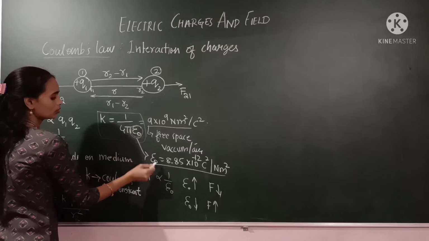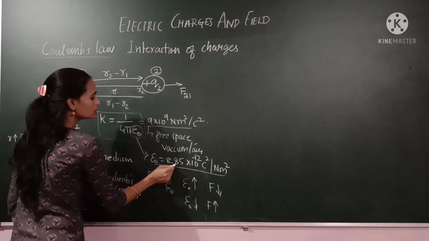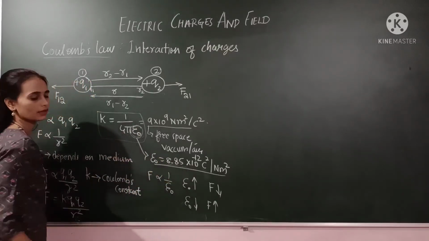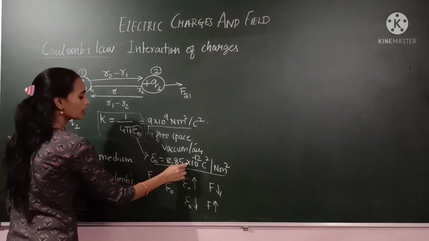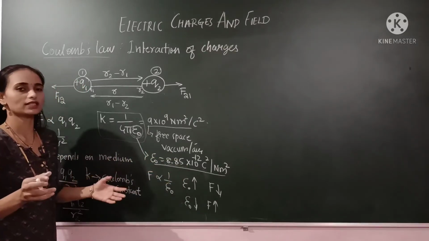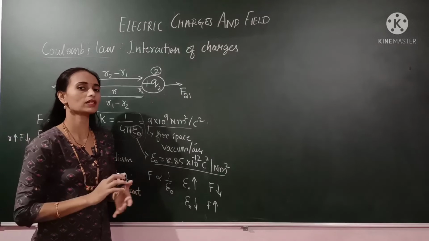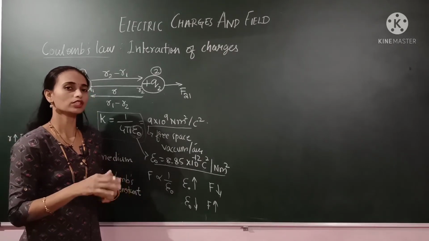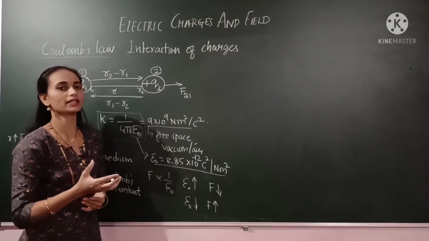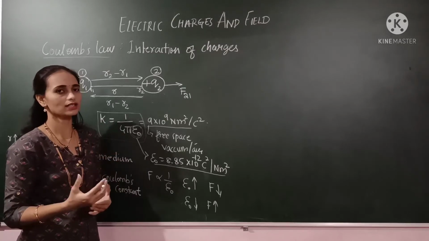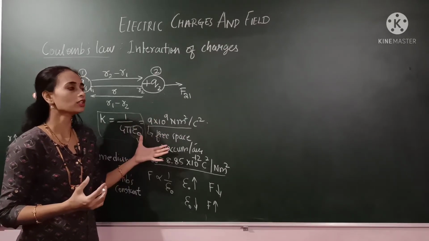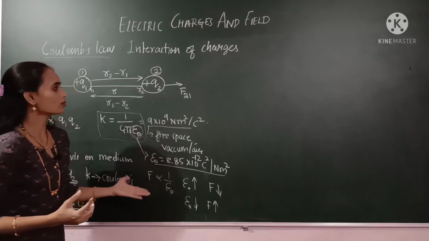This is the smallest value, and this value is for air, which means when the two charges are placed in air medium, we get the maximum force. If you change to any other medium, the force will be less as compared to air medium. So this is all about Coulomb's constant.